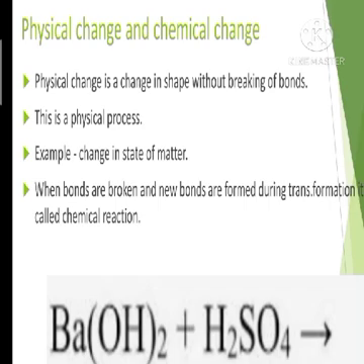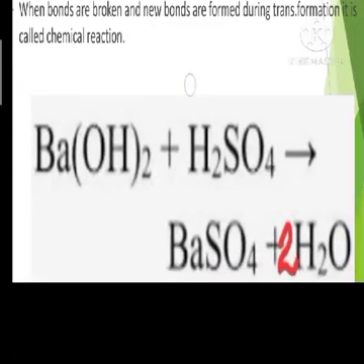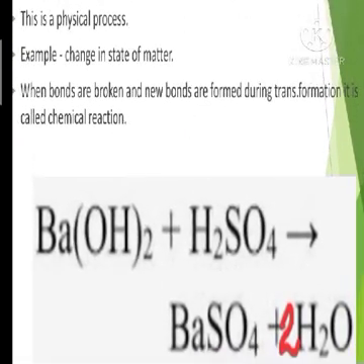But on the other hand, when bonds are broken and new bonds are formed during transformation, then it is said to be a chemical change or a chemical reaction. For example, if you see this equation, barium hydroxide plus sulfuric acid gives barium sulfate plus water. In order to balance the equation, we write 2H2O.